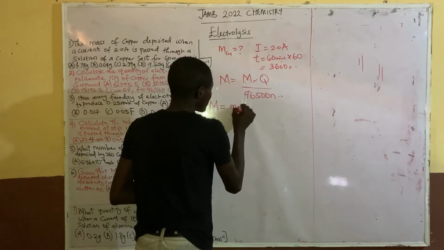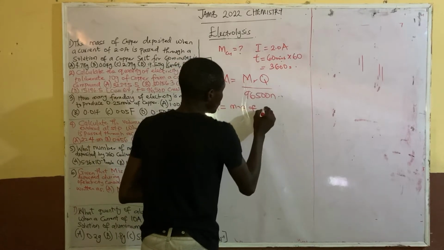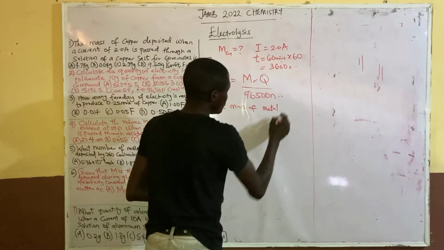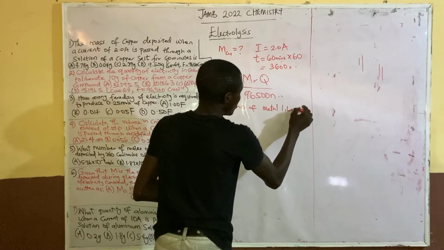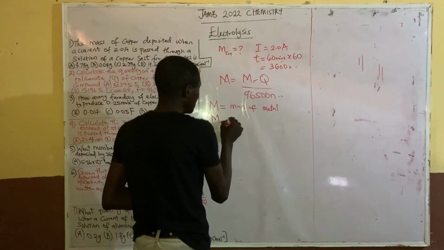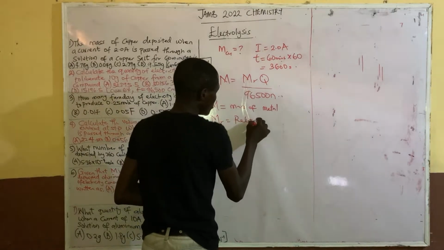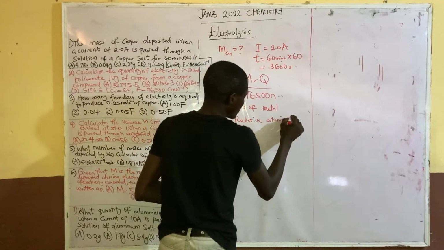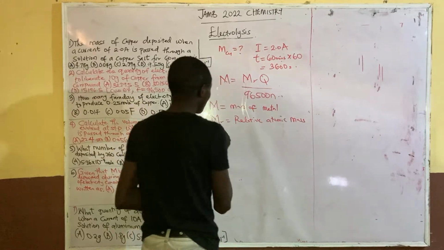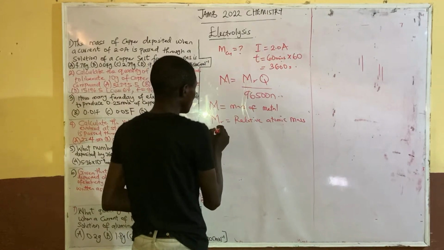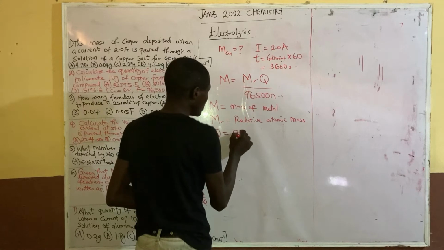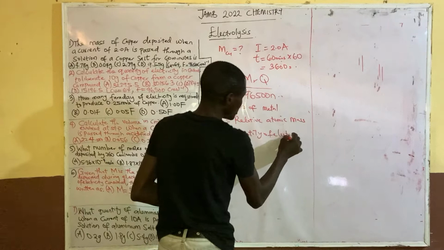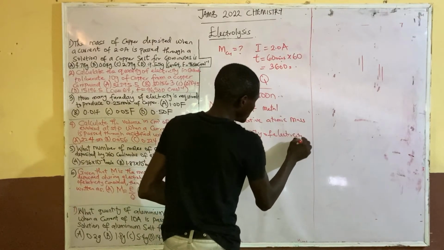Now let me tell you what each term stands for. M is equal to the mass of metal liberated or electrolyte used. Mr is the relative atomic mass of the metal. Q is the quantity of electricity, measured in coulomb.